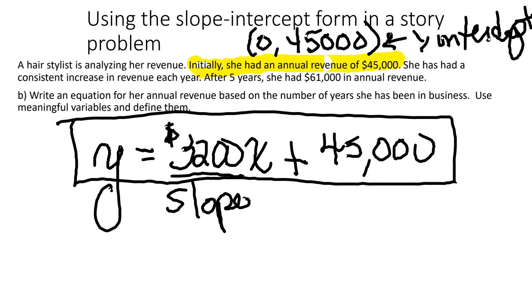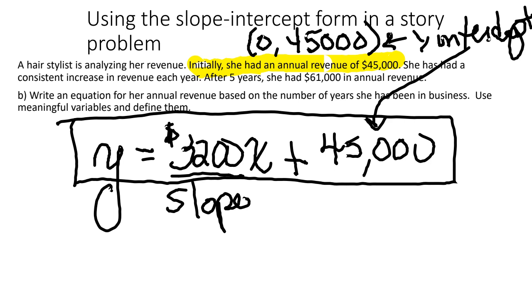Okay. And it says write an equation for her annual revenue based on the number of years. Now it says use meaningful variables. Well, the meaningful variables are going to be y equals her total revenue.